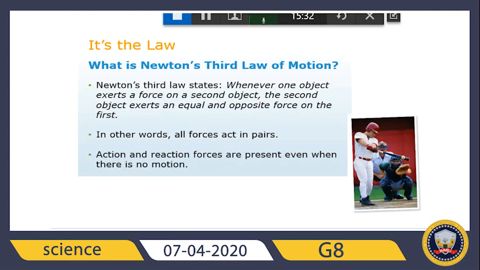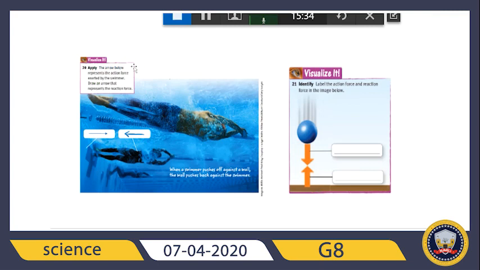There will be action and reaction. The action here is exerted by what? By the swimmer. The wall will what? Will exert the reaction. Okay, so action and reaction. Action by the swimmer and reaction by what? By the wall. Okay, so guys, again here, label the action force and reaction force in the image.